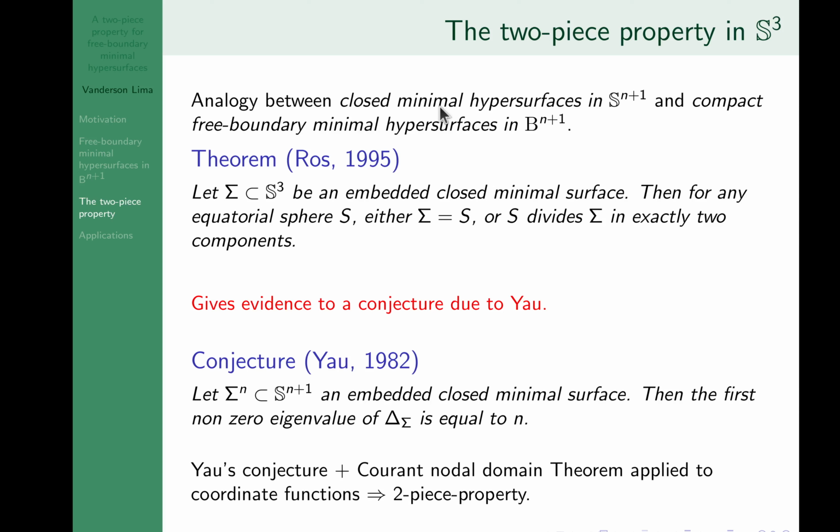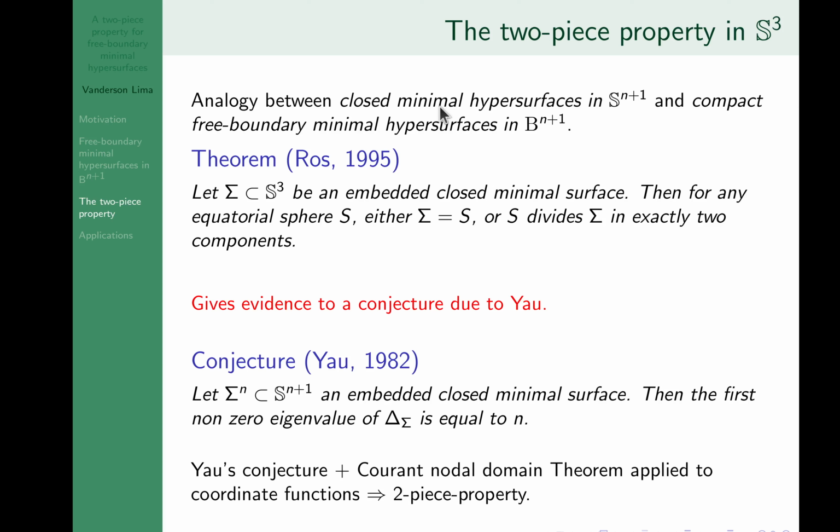The idea is to suppose that the two-piece property is not true. For example, I can consider coordinate functions. If I have some sphere that divides the surface in more than two components, this sphere is related to some hyperplane in R4.